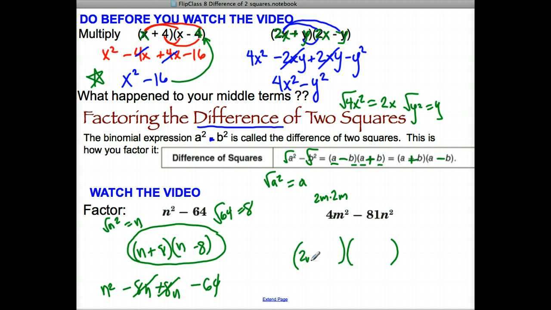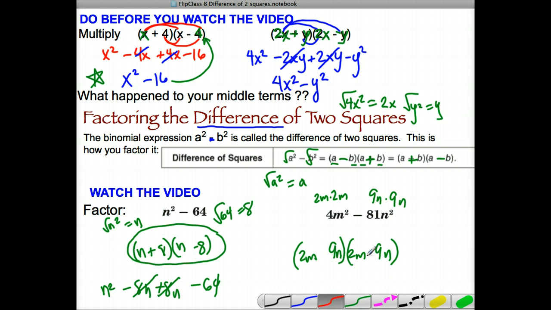It's 2m. What's the square root of 81n squared? That's 9n times 9n. So the square root of 81n squared is 9n. And just make sure that you have one sign negative, one sign positive.